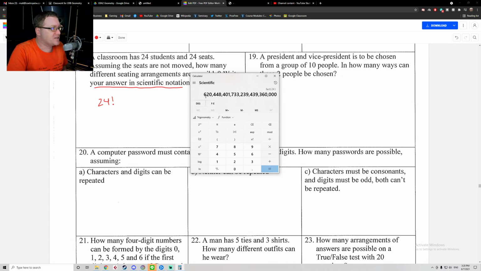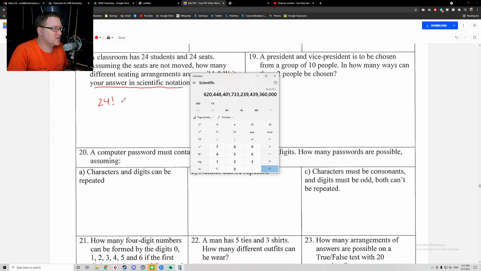We write 6.2, and then we have to count how many digits there are to move the decimal point over. We have 3 per each comma, and there's 1, 2, 3, 4, 5, 6, 7. So that's 21, and then 22, 23.